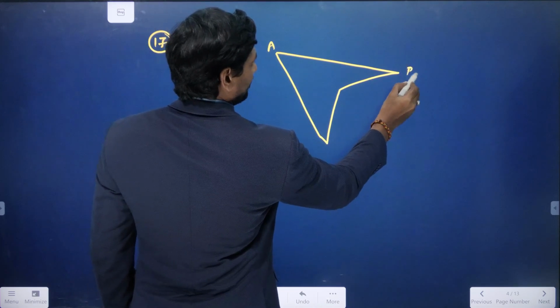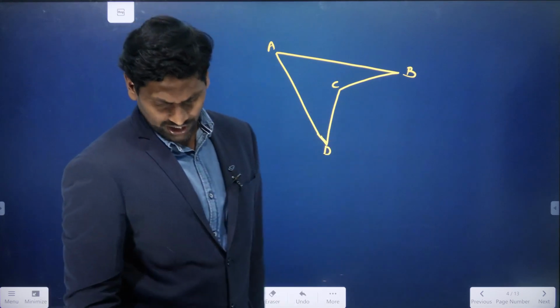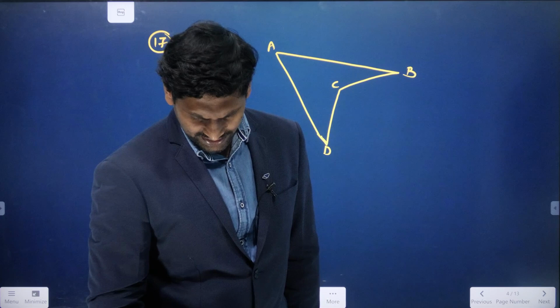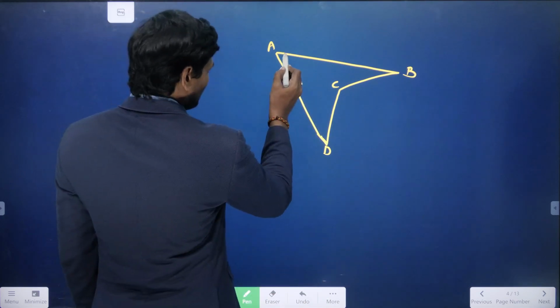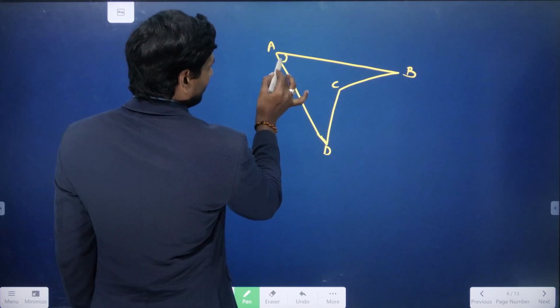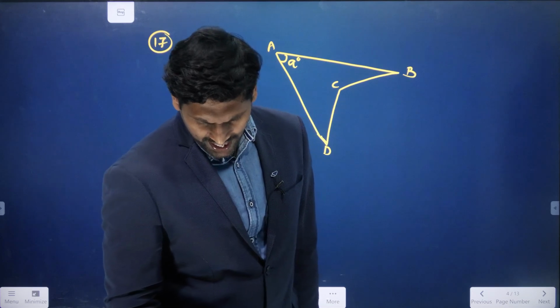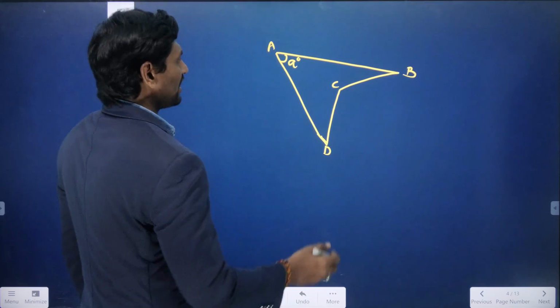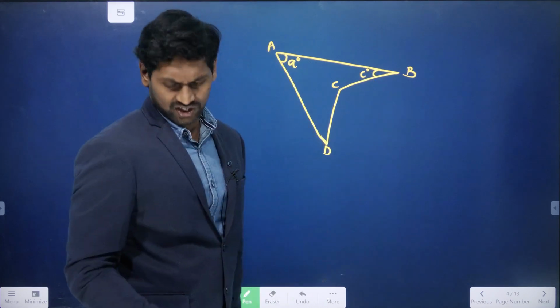So ABCD is a figure. Let us check: angle BAD equals angle A. BAD is nothing but the angle at A. This is A degrees, small a is given. And also angle ABC. ABC means the angle at B. This is small c. Okay?